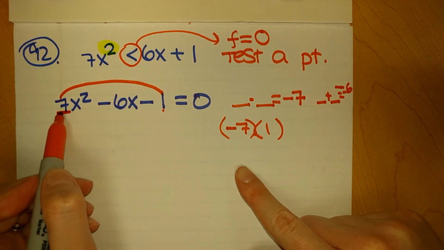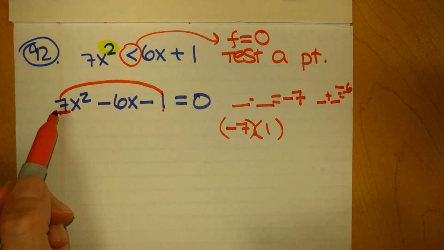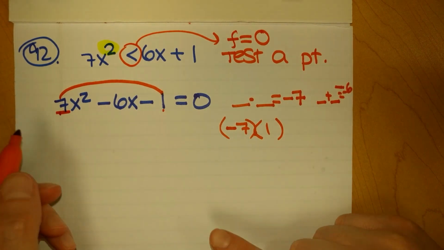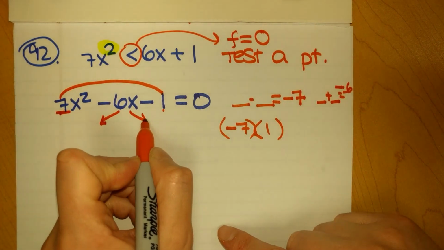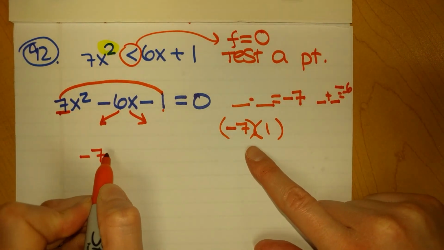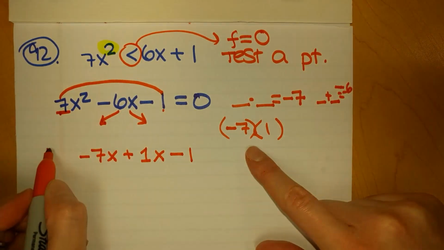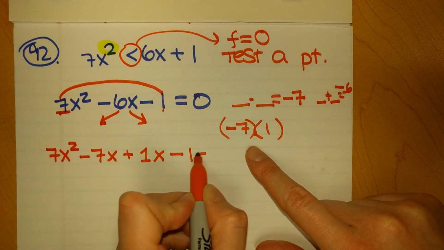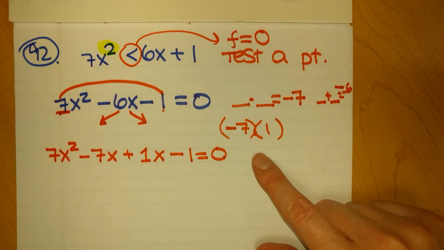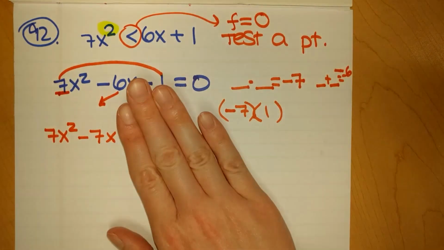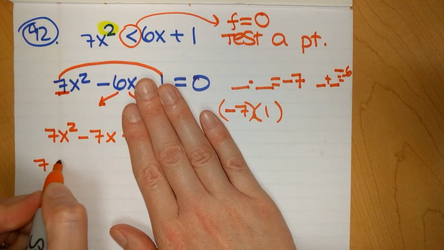To get the -6, you'll have to have a -7 and a +1. Now, we cannot just plop down this number because it's 7 rather than 1x squared. So I need to split this up into 7x squared, -7x, +1x, -1, is equal to 0. Then I go through my grouping method. From the first two, I can bring out a 7x.